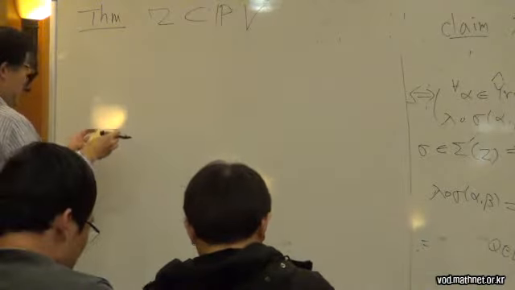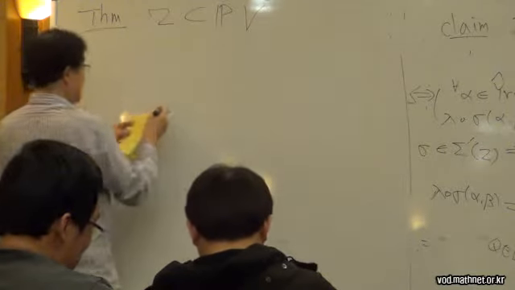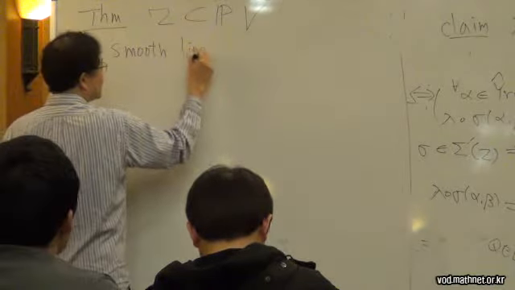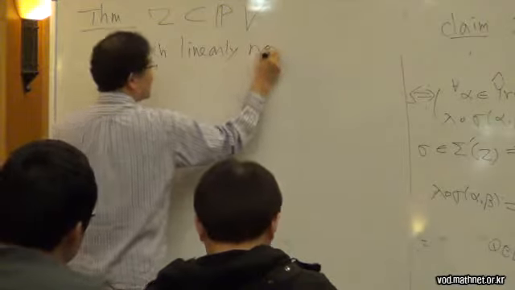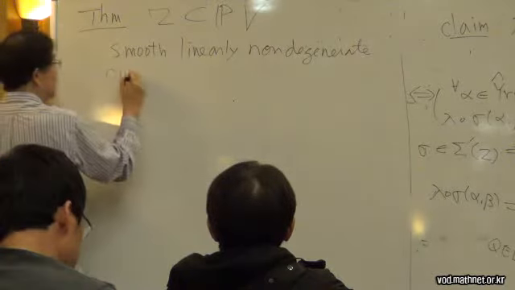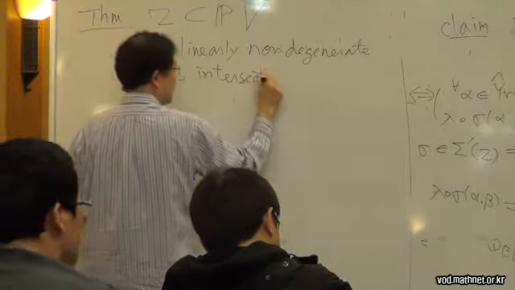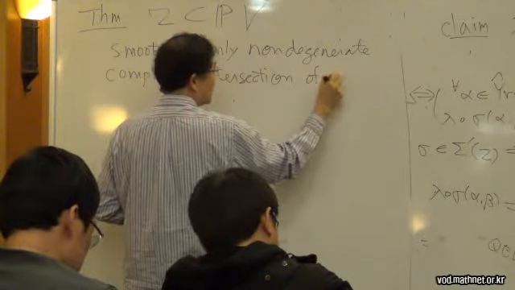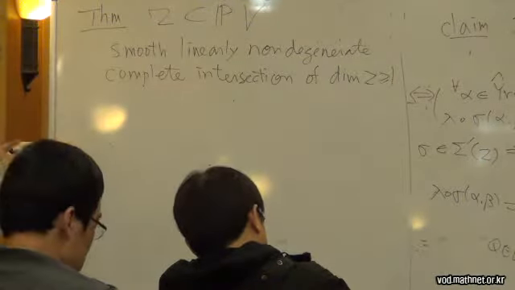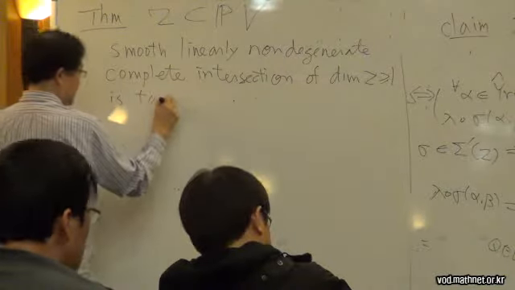A smooth, linearly non-degenerate complete intersection of positive dimension is tangentially non-degenerate.